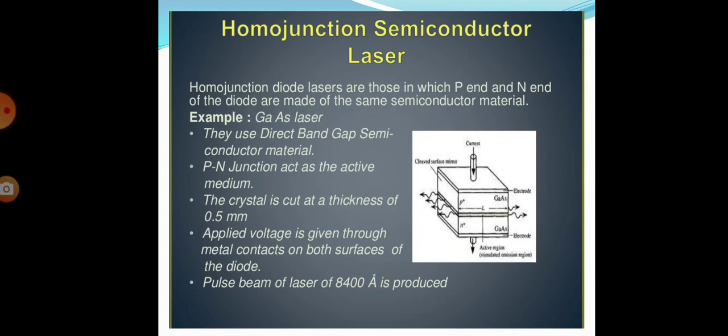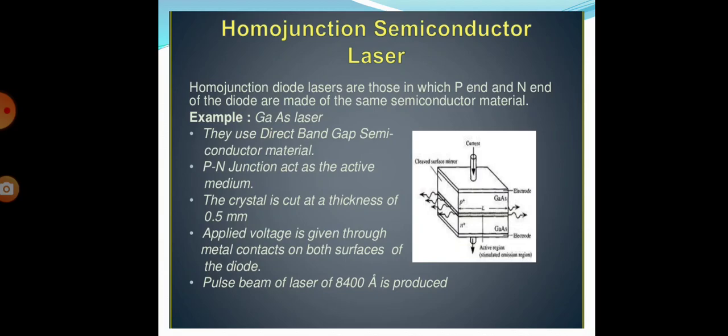Homojunction semiconductor laser. The schematic diagram of the homojunction semiconductor laser is as shown in the figure. Homojunction diode lasers are those in which the P end and N end of the diode are made of the same semiconductor material. That is, the P layer and N layer are made up of the same semiconductor material. Example, gallium arsenide laser.